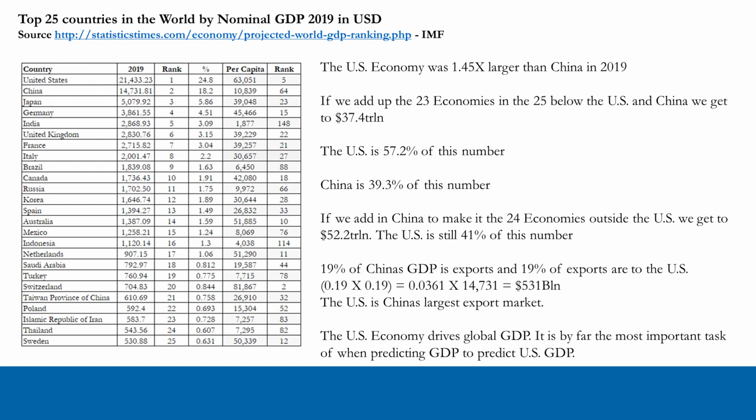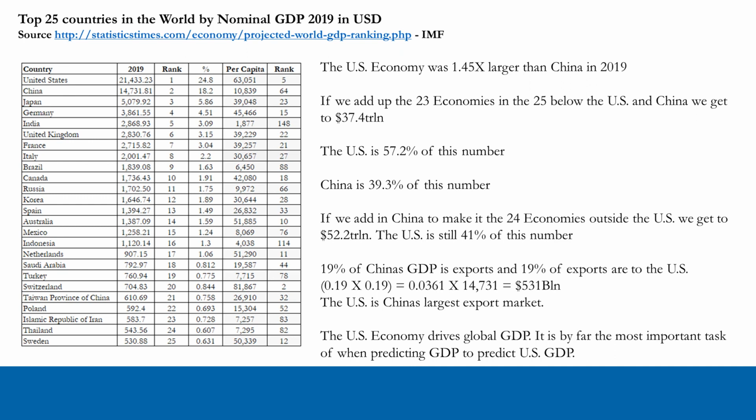If we look at China itself, 19% of China's GDP is exports, and 19% of those exports are to the United States. So we just do a multiplication, multiply through, and we work out how much that is in dollars. It's equivalent to $531 billion in 2019. The US is China's largest export market.